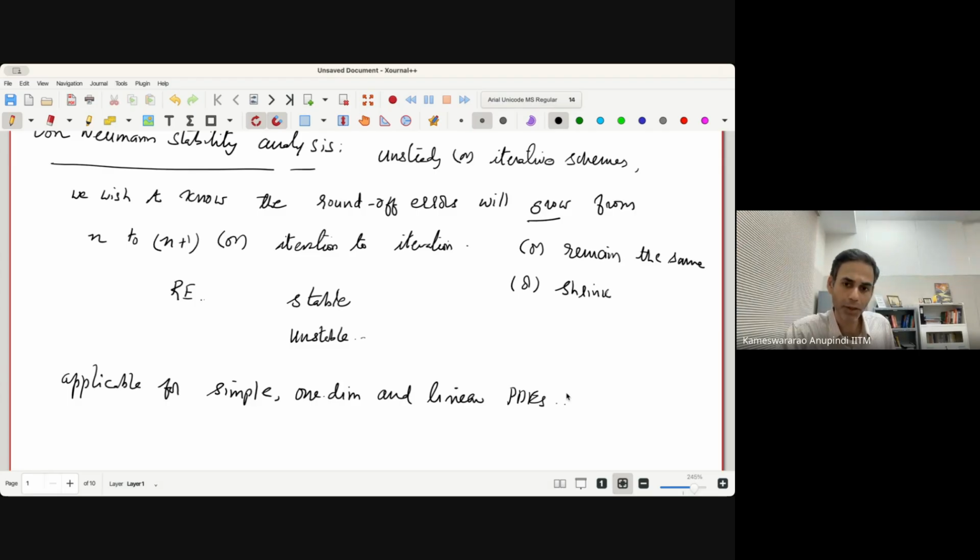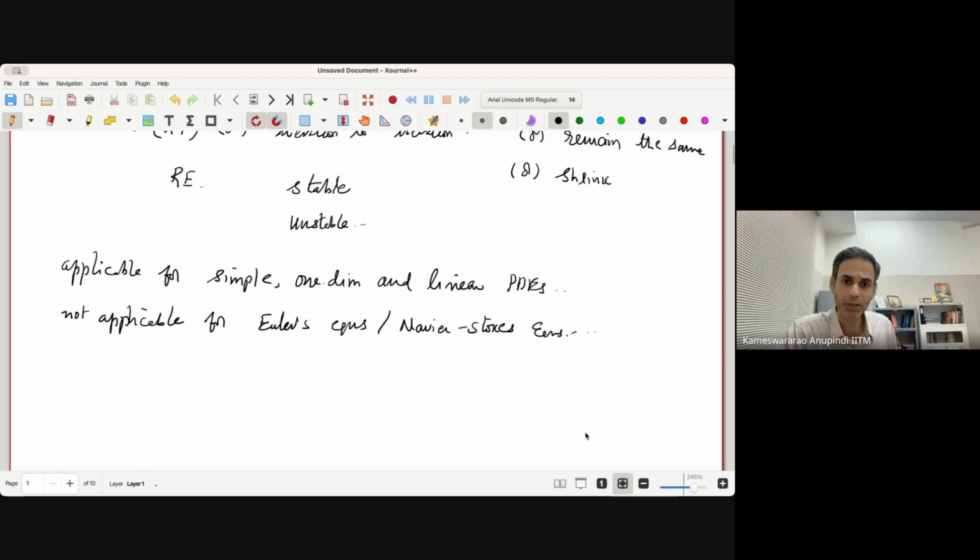It is not applicable, or it gets very complicated, for the general equations that we deal with in fluid mechanics or solid mechanics, such as Euler's equations or the Navier-Stokes equations. For all these general three-dimensional nonlinear partial differential equations, the stability analysis cannot be directly applied, right?